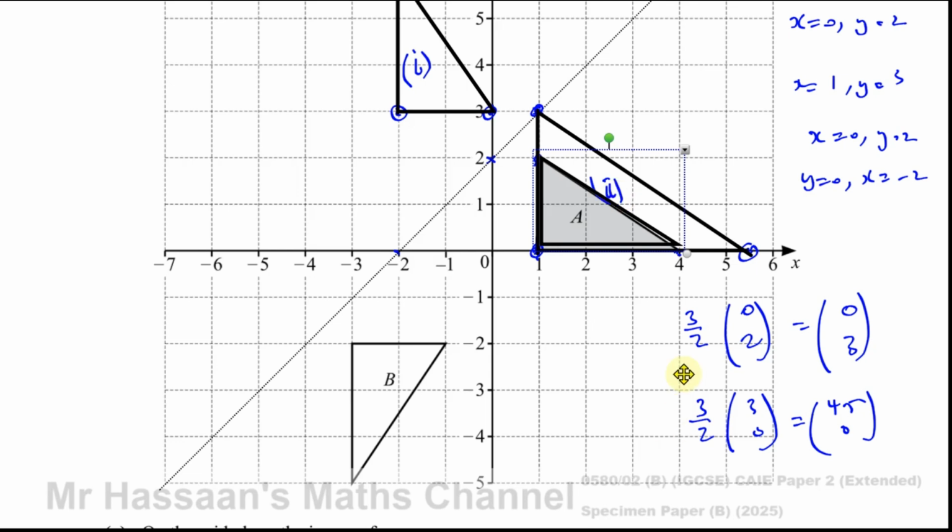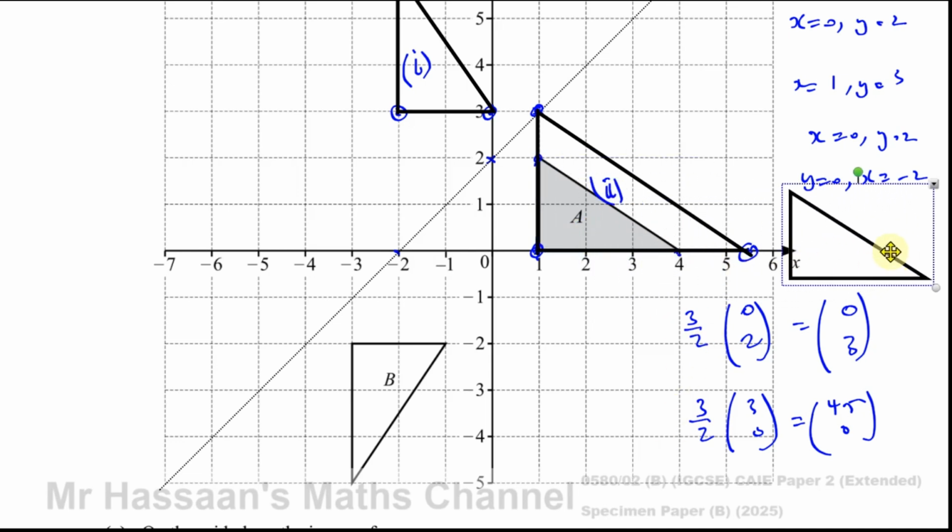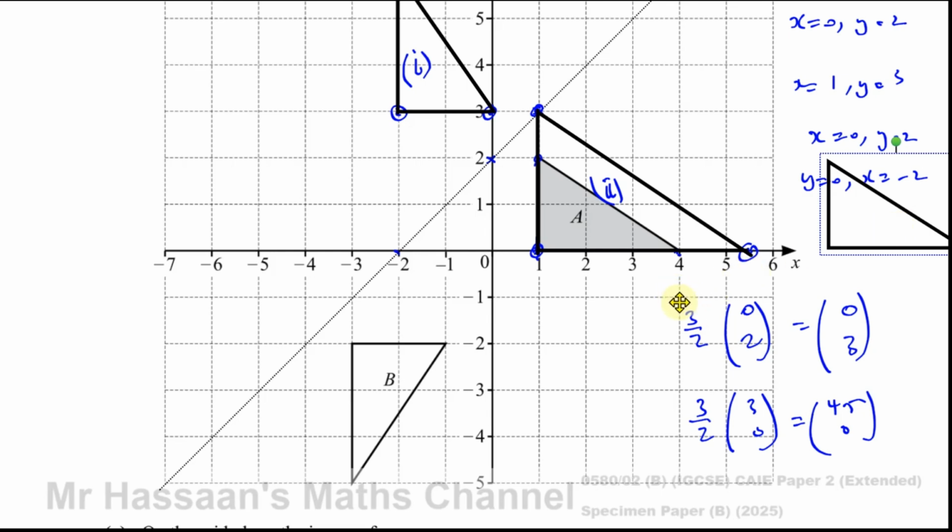Now we're going to find the center. To find the center of rotation, we need to imagine this thing rotating around and what point it would rotate around. So you could use some tracing paper and try out different options. However, that would work.